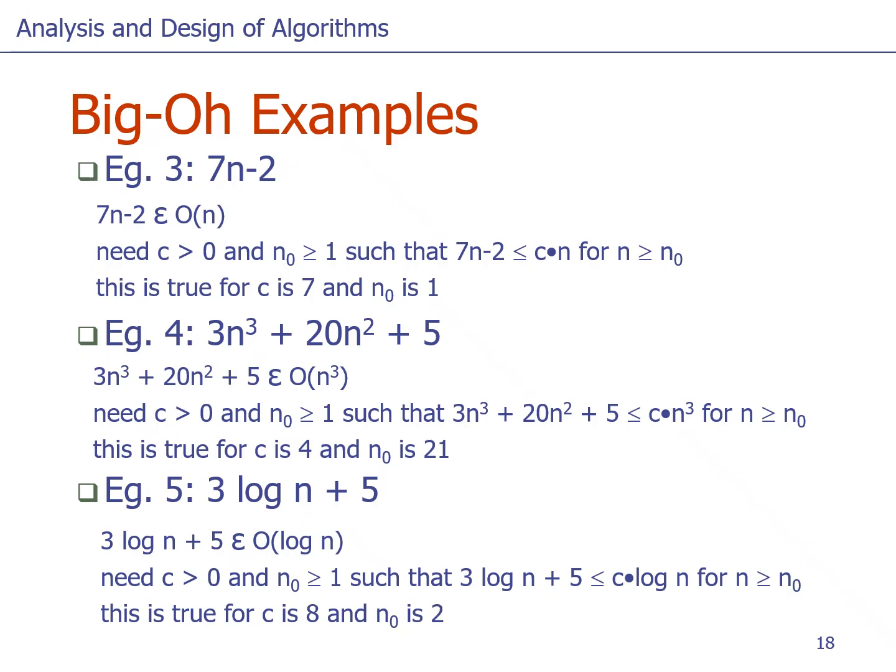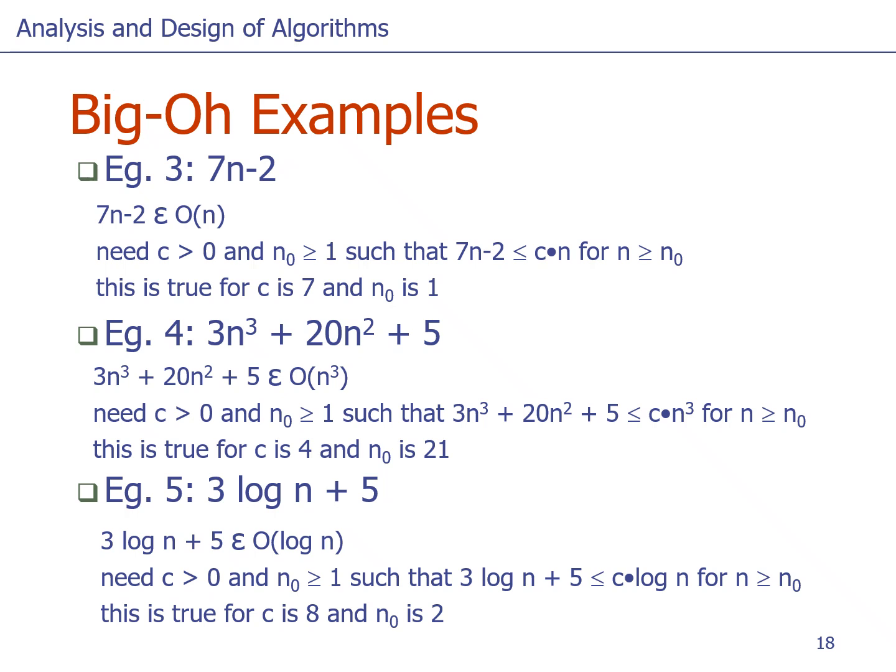And it is actually indeed so, because after 1 on the x-axis, or n naught being 1, the 7n will be above 7n minus 2. So that is proof that 7n minus 2 is in big O of n.